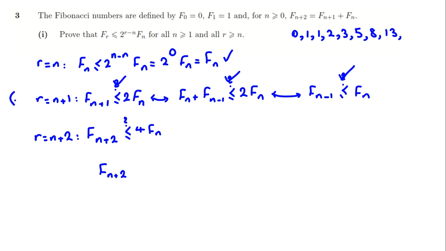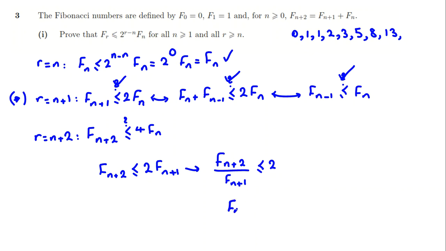So one way is to use induction; another way, I say, okay, for this part, let me call this one star. By star, we know each term is less than or equal to 2 times the previous term. So f(n+2) over f(n+1) is less than or equal to 2, and because f(n+1) is not 0, we can divide. Because n is at least 1, only f0 is 0; the other terms are positive.